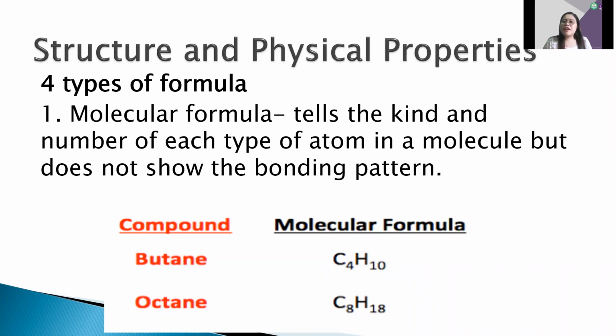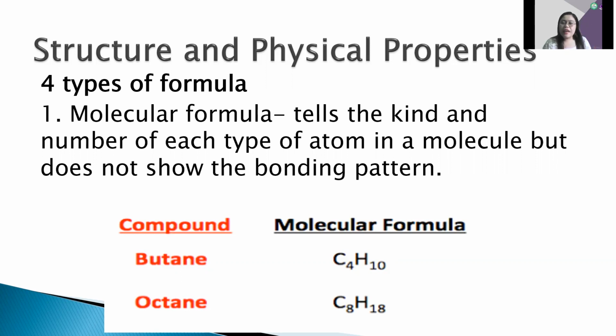But for the structures and types of formula in organic chemistry, we actually have 4 types. There are many things we can do when it comes to the formula of our organic compounds. Number 1, molecular formula.